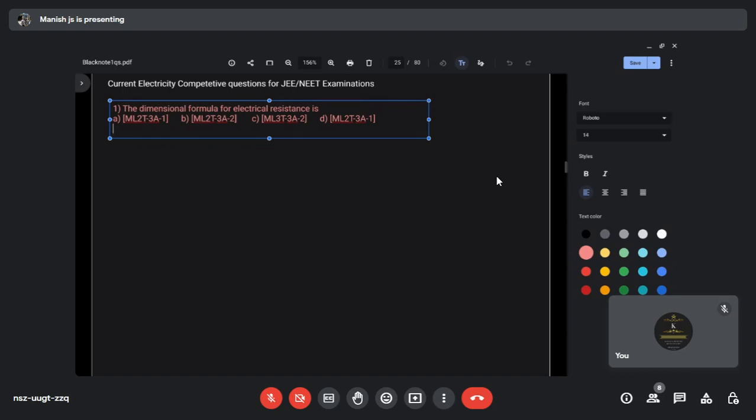So what is the relation with work done, potential and charge? We say that work done is equal to potential into charge. I hope that is correct. W is equal to V into Q. Yes, sir. Yes. So we use that. Similarly for current also we are using the relationship. So I can also be written as Q into T. So that Q is getting cancelled off and you are able to express the dimensional formulas.